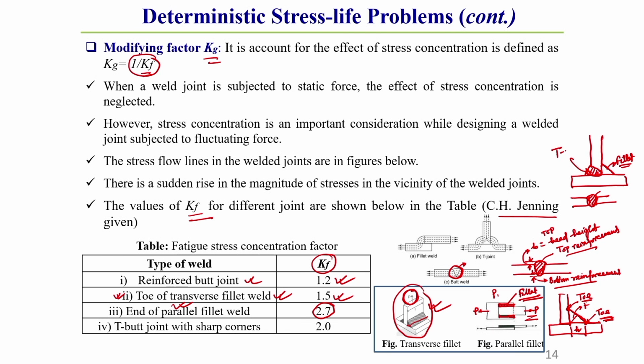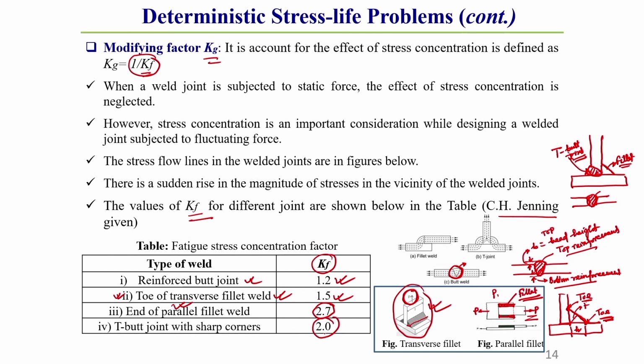In case of T bar joint, always keep in mind that this Kf should be considered as 2.